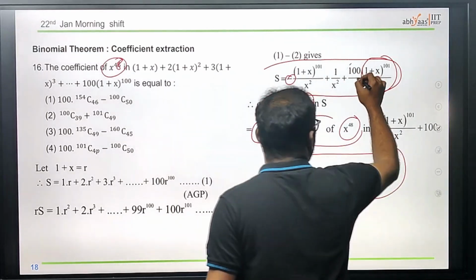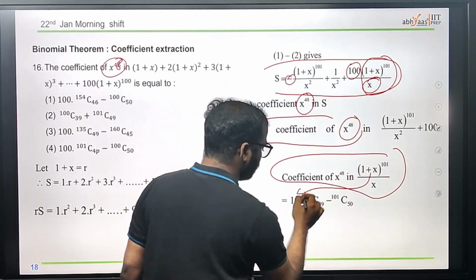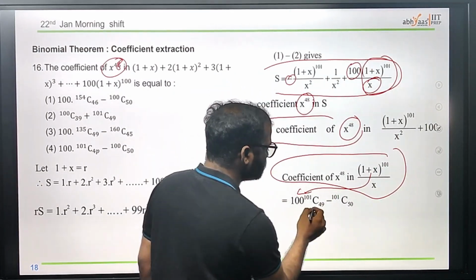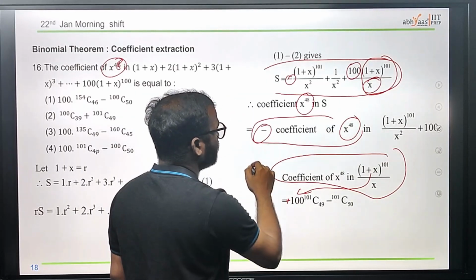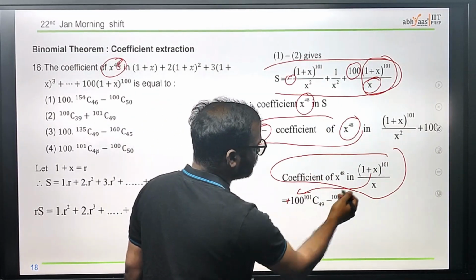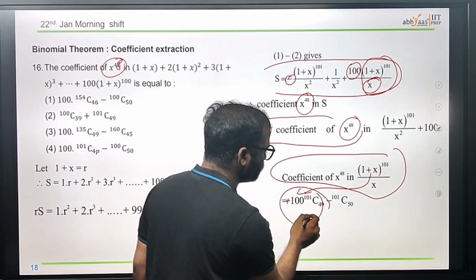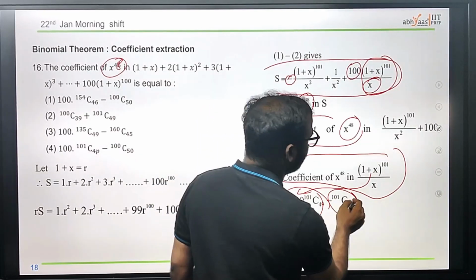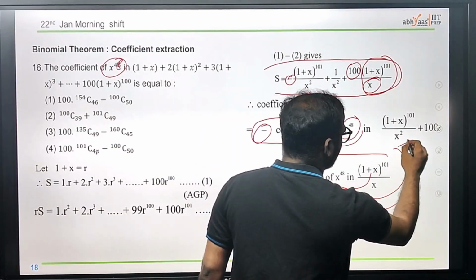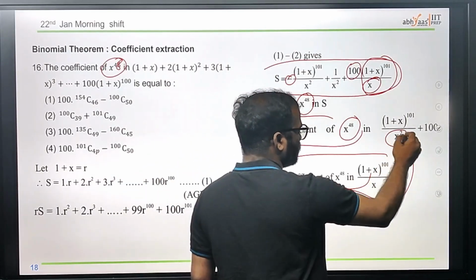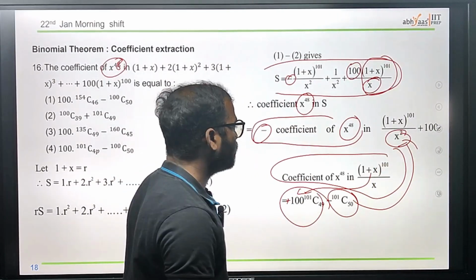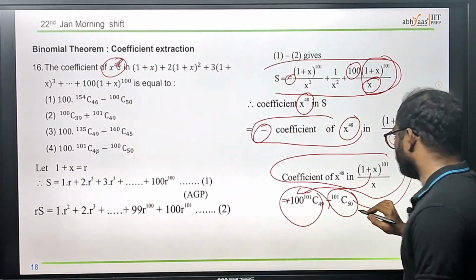Now here we have 100 into 101 C 49. Why are we having positive? Because here we have minus, therefore we are multiplying that one, and this will become 10150. This x square will become 10150, since we have x square here, for that reason that will become 10150 C 50.